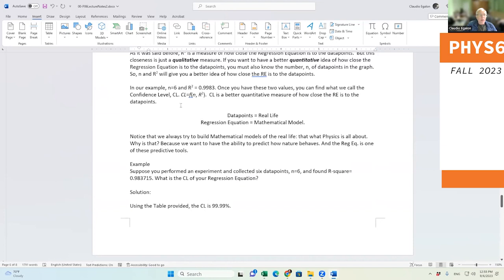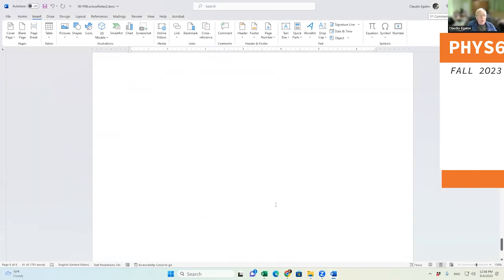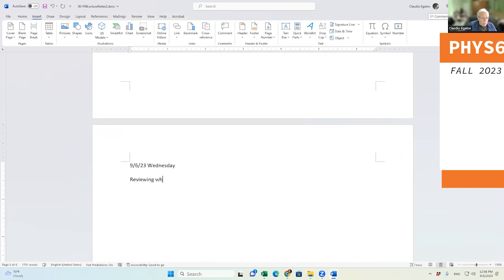And we started looking at the table of confidence level. And we did some simple problems on how to use that table of the confidence level, right? Let's review it. Reviewing what we did for CL: 1.